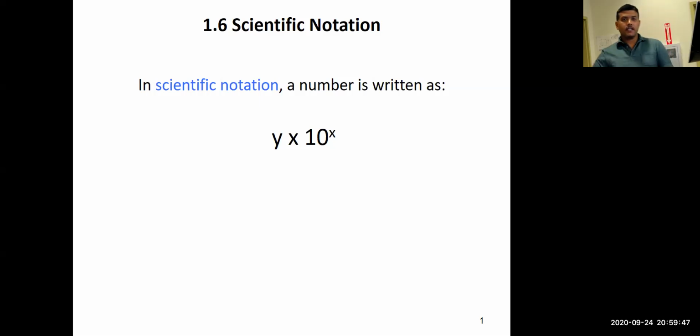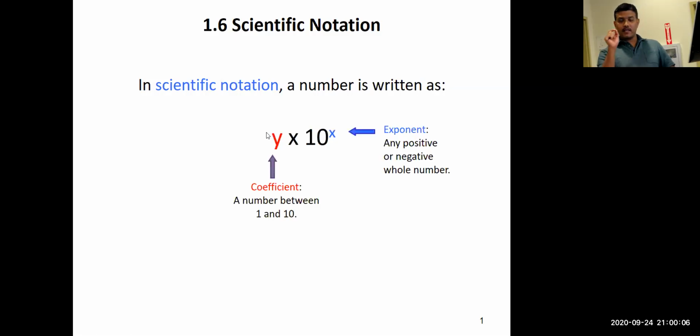So scientific notation is a way to shorten a large number into a small number. And for that, we use this type of expression. We say it in the form of y times 10 to the power of x, where y has to be a number between 1 and 10 and x can be a positive or negative number.